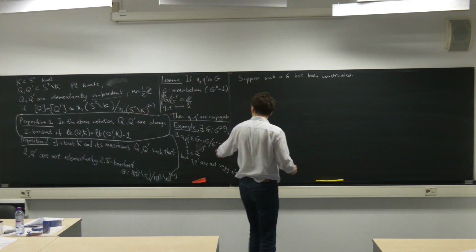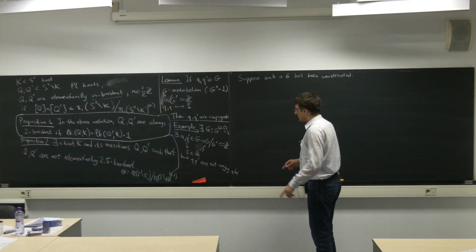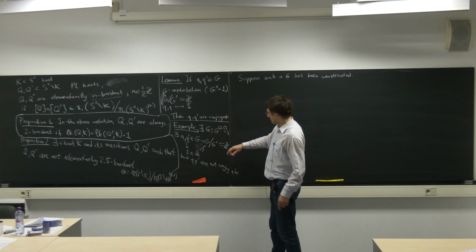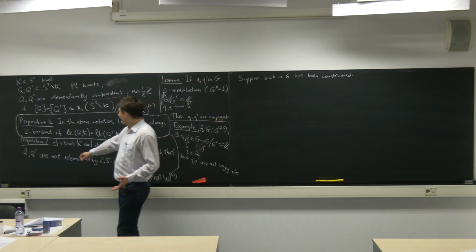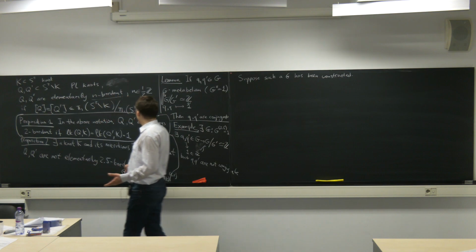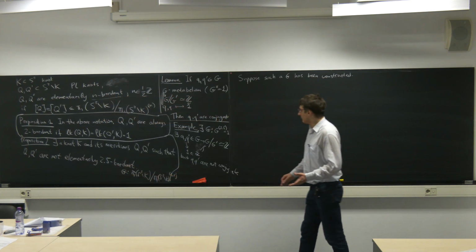And then this will be obviously satisfied. The abelianization is Z because this is the complement to a knot, and they are not conjugate because it is assumed here that Q and Q prime are not elementarily 2.5 bonded.